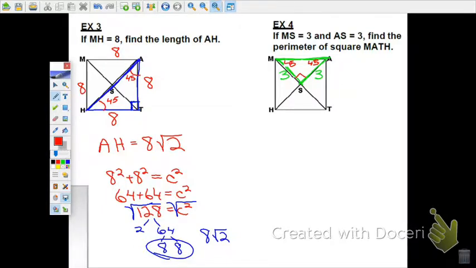How long is side MA? 3 square root of 2. And if I have all 4 sides that are the same, then my perimeter is going to be 4 times 3 square root of 2, which gives me 12 square root of 2.